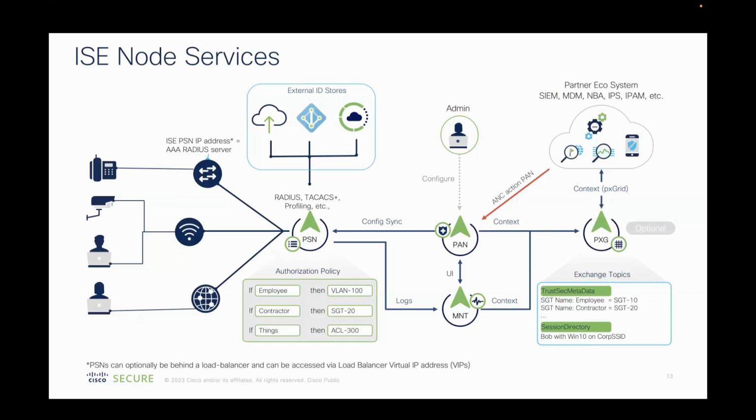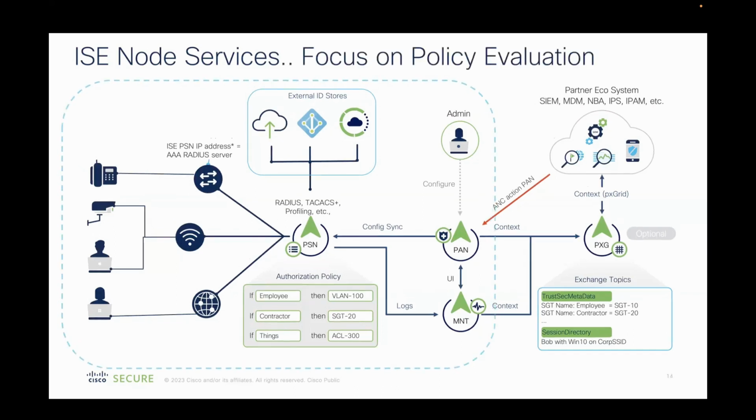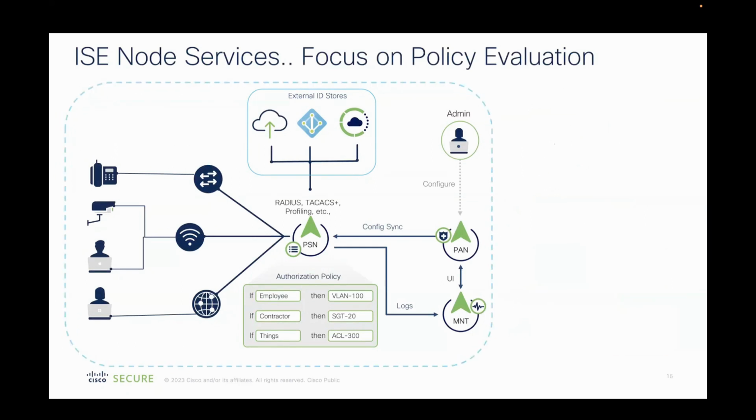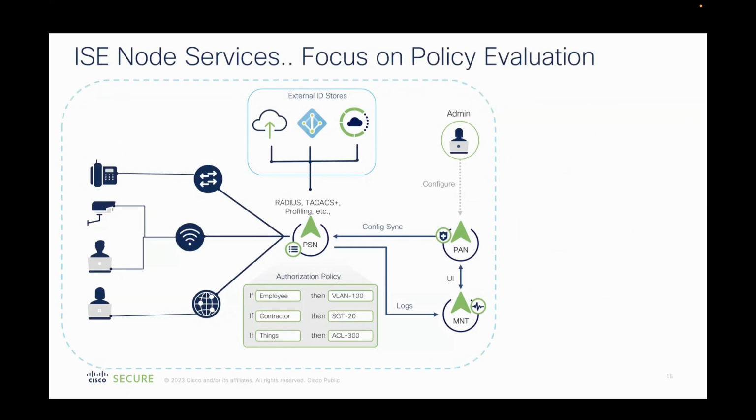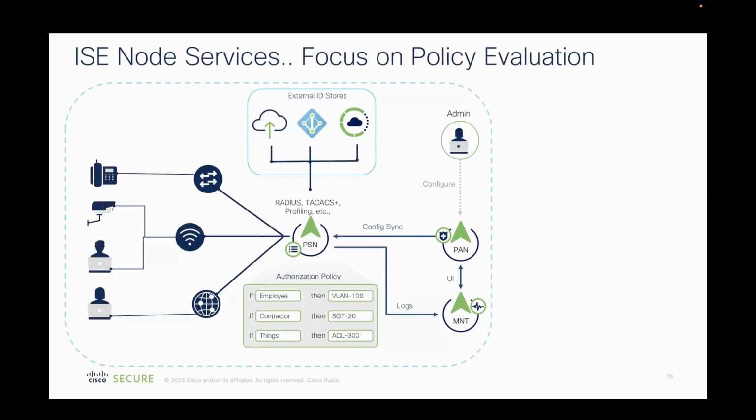Now, as I said, when we are troubleshooting an issue from the endpoint side or from the network device side, we need to focus on the policy evaluation part of it. Let's remove the contextual information, let's forget about it just for the time being, and concentrate on the policy evaluation.